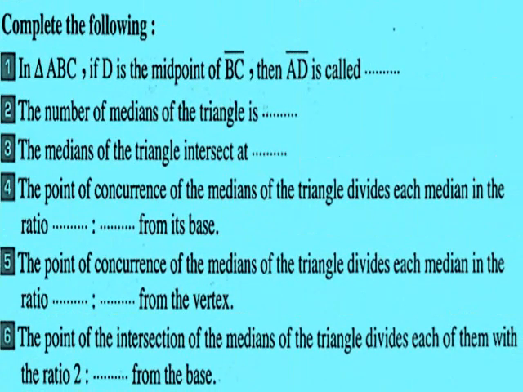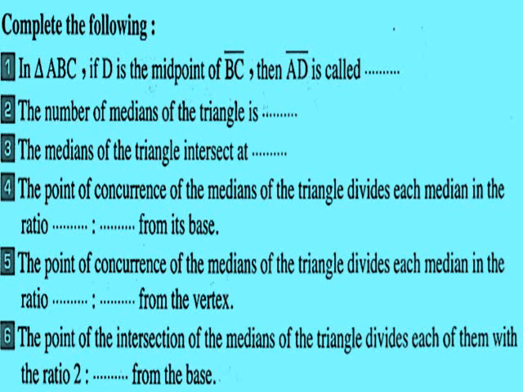More exercises about that. In triangle ABC, if D is the midpoint of BC, then AD is called what? It's called a median. The number of medians of a triangle is 3 medians. The medians of a triangle intersect at 1 point.